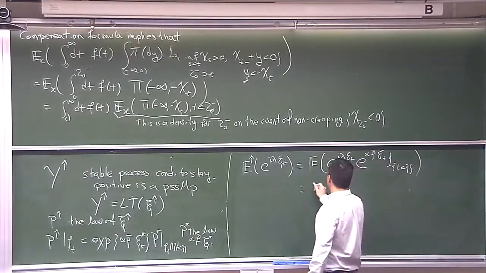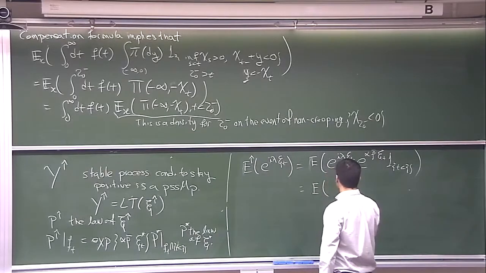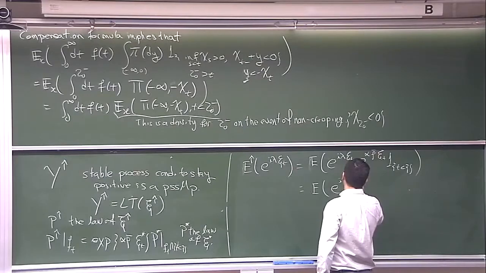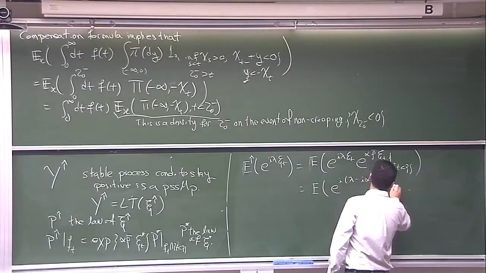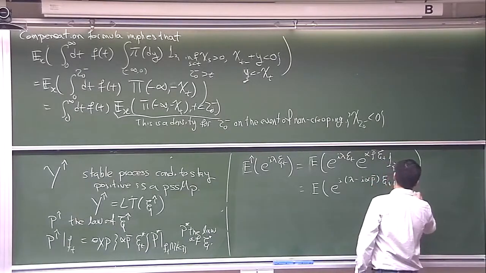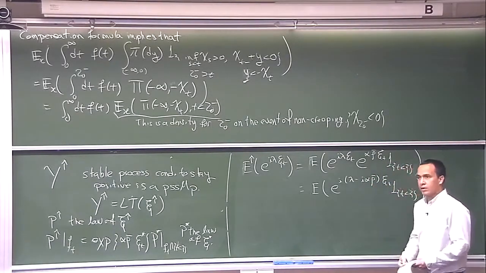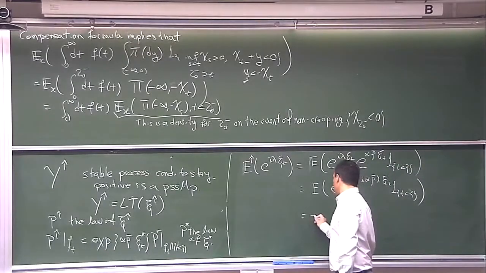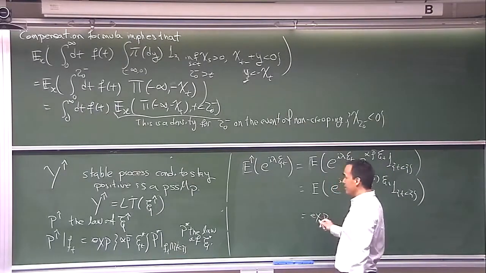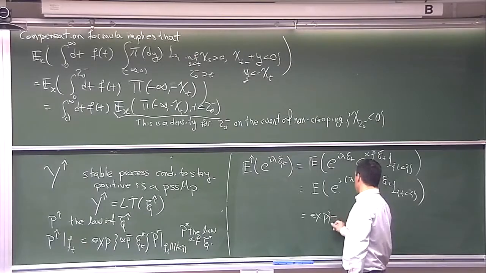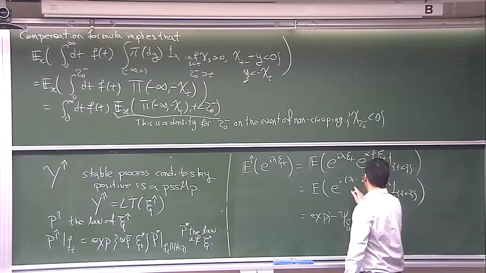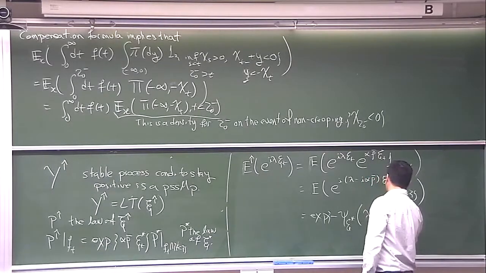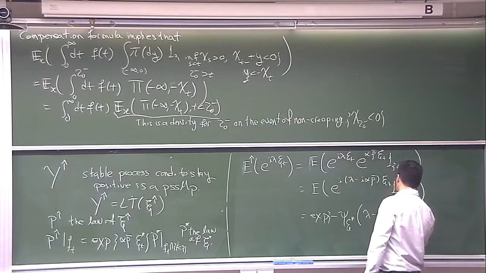So this is the expected value of exponential I lambda minus I alpha rho psi t, indicator t is finite, and by an argument of analytic extension, this is just exponential of minus t psi star of lambda minus I alpha rho bar.